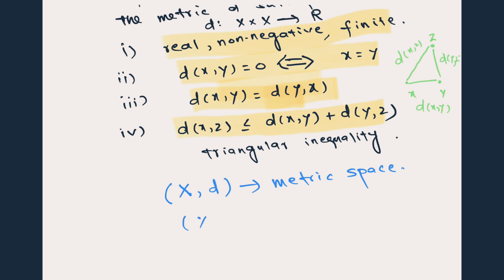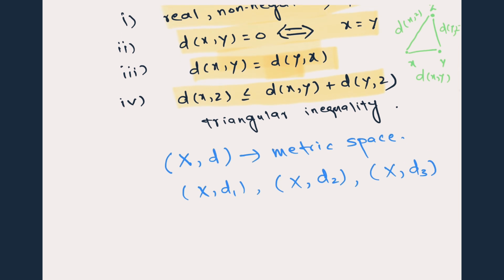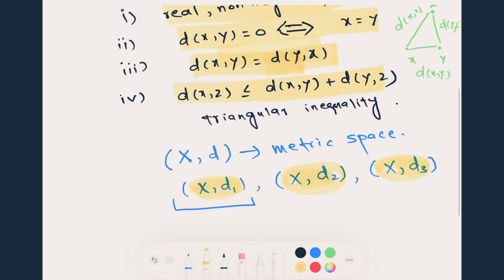For example, you can have a set X, and then D1, one type of metric, there can be another type of metric on the same set, and another. So, we can have various metrics on the same set, and then the metric spaces will be different. For example, this space will be different from this space, because they have distance functions which are different.